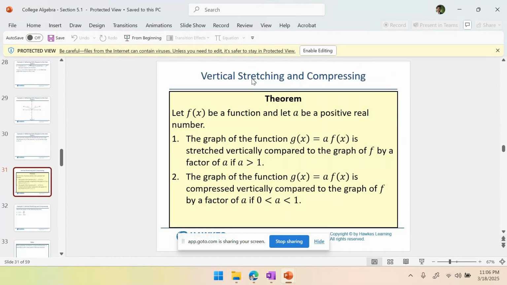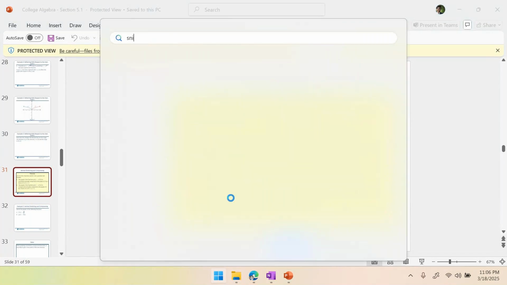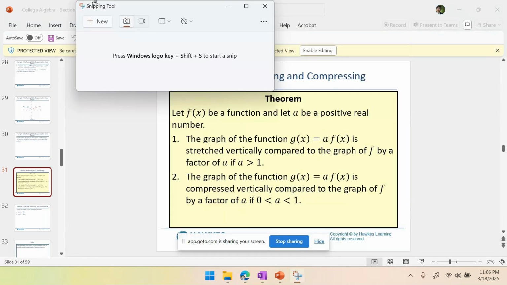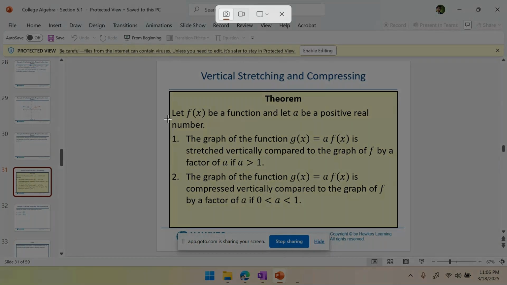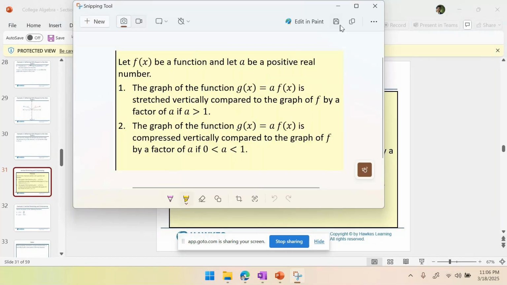And after that, we learned about vertical stretching and compression. So here, when you multiply with a number, there's a difference between this and the other one. When you multiply with a number outside, let me take a screenshot.